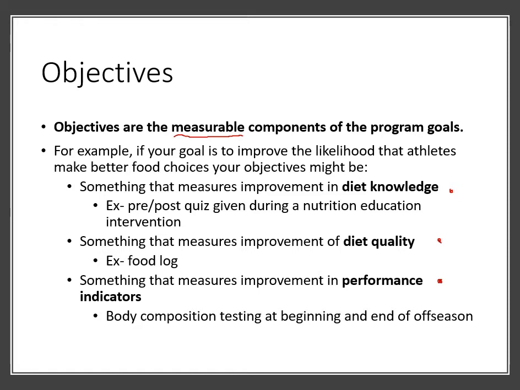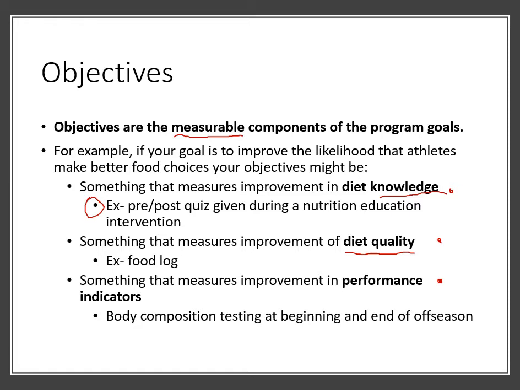The first level would be something short-term, and we know that short-term we can at least have an impact on knowledge. Right after you give a presentation or have some sort of nutrition education intervention, you could give a quiz at the end or some sort of assessment to show measurable improvement in diet knowledge. Then the next thing you could set an objective with would be diet quality. Maybe you want to see your athletes increase their protein intake or their fruit and vegetable intake.